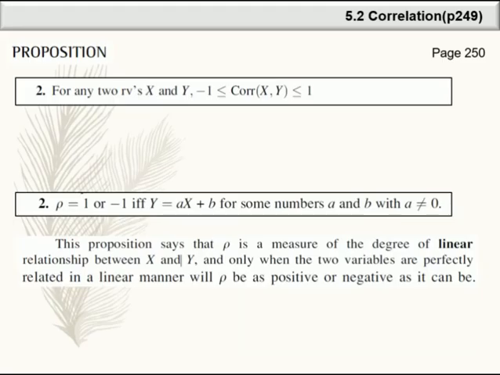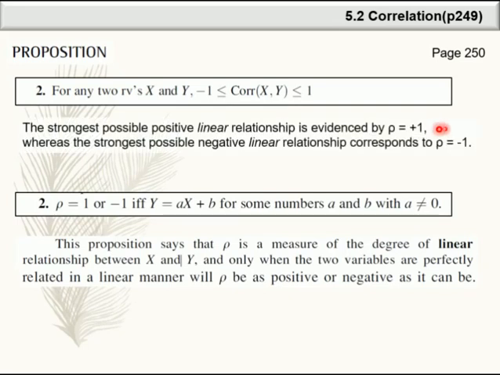So as I told you earlier, the correlation coefficient lies between minus 1 and 1 after that scaling. You will only get correlation equal to 1, which is the strongest positive linear relationship, when your data lies perfectly on a straight line sloping upwards. Okay. And you'll get a negative minus 1 when you also have a perfect negative linear relationship.